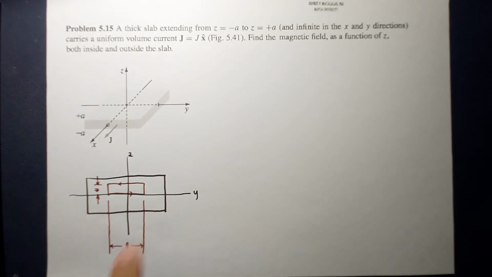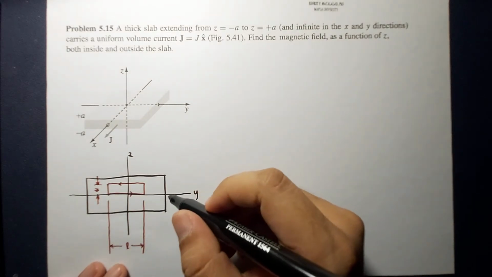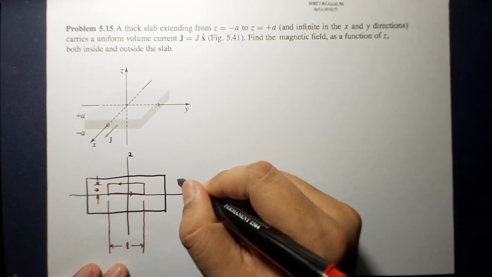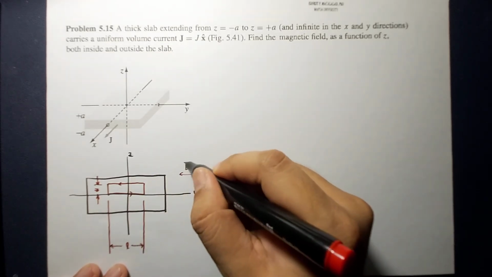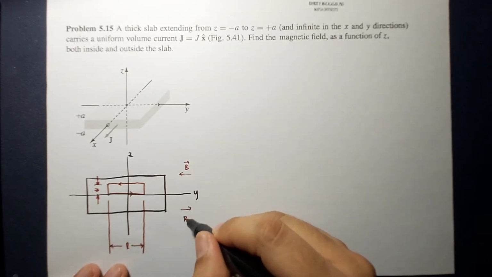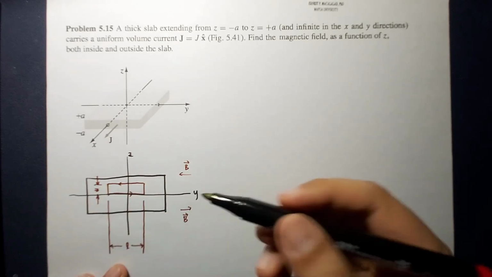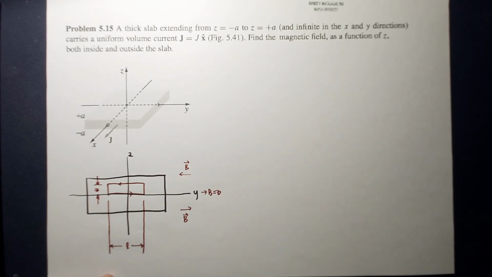Now at z equals 0, the magnetic field here is in this direction, and the magnetic field here is pointing in this direction. But at z equal to 0, the magnetic field is 0.